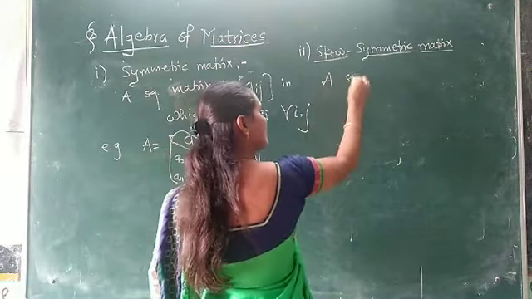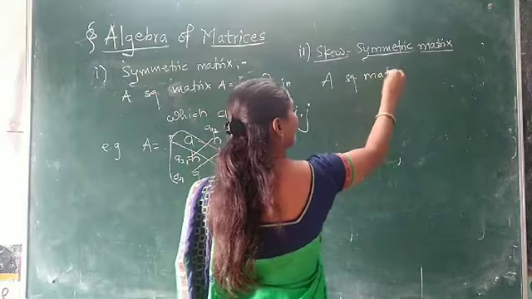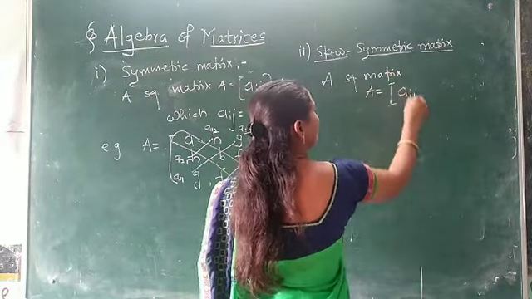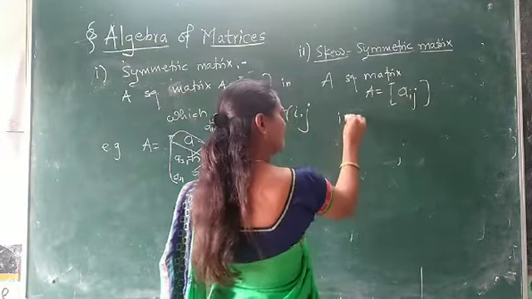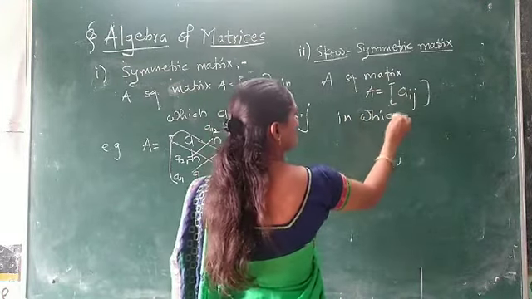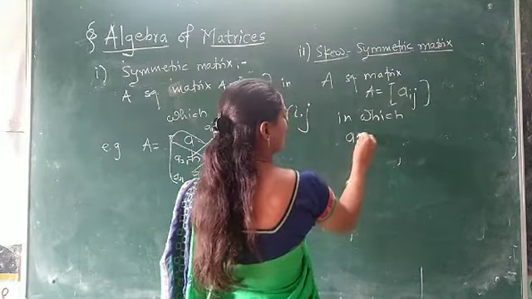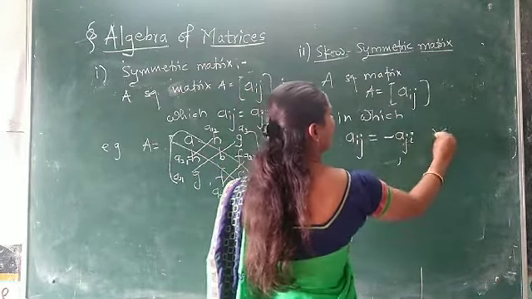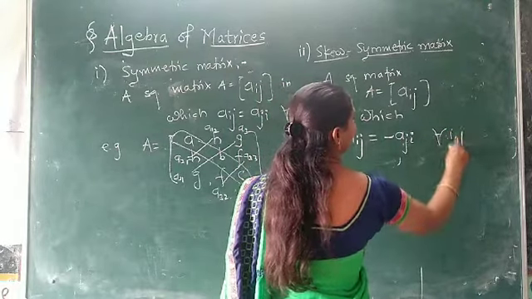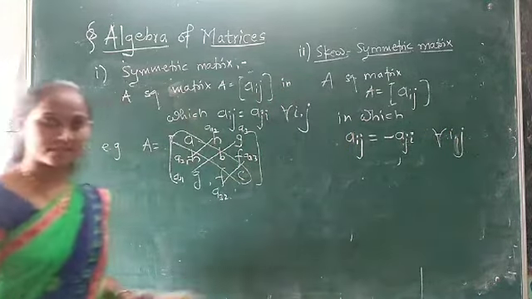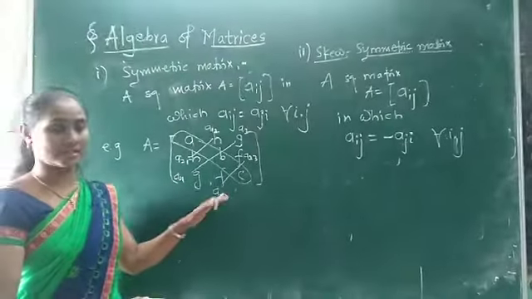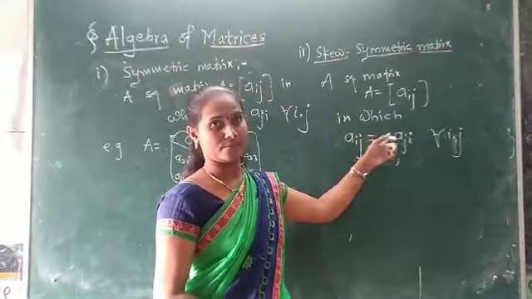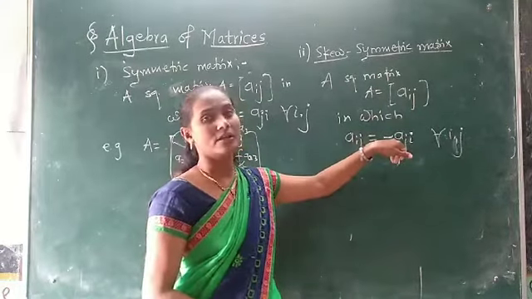A square matrix A equal to Aij, in which Aij is equal to minus Aji for all i, j. Both are similar, where Aij is equal to Aji, but in skew symmetric the sign changes only. There is a difference only in sign.